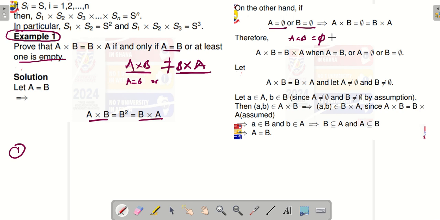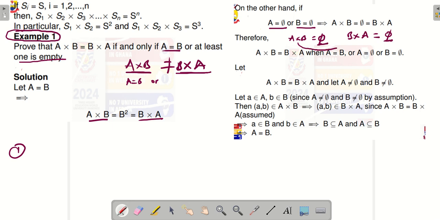We proved that. Then B cross A: because B or A, one is an empty set, B cross A will also be an empty set. If A cross B is empty and B cross A is also empty, then it means that empty is the same as empty.